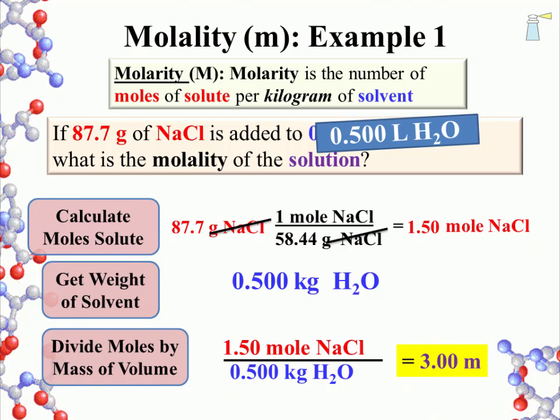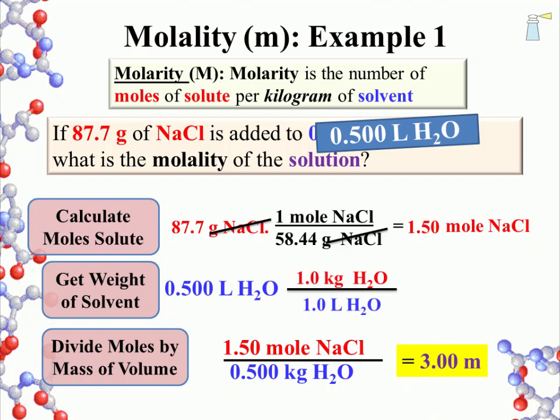The challenge to the core calculation will be in step 2, getting the weight of the solvent. Now, the starting value here is the volume of water. As was discussed when outlining these rules, there's a straightforward conversion of liters of water to kilograms of water. That did come with a temperature range caveat.